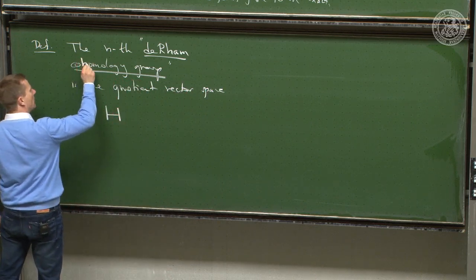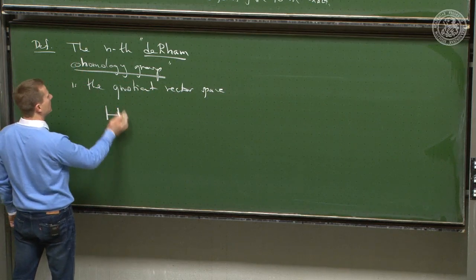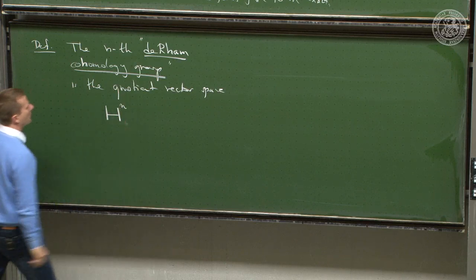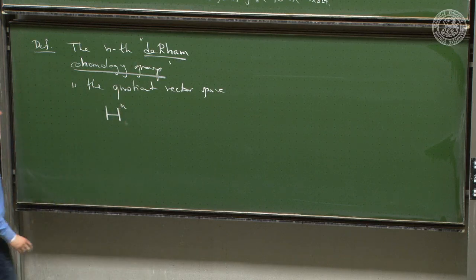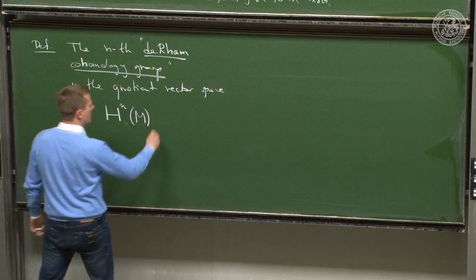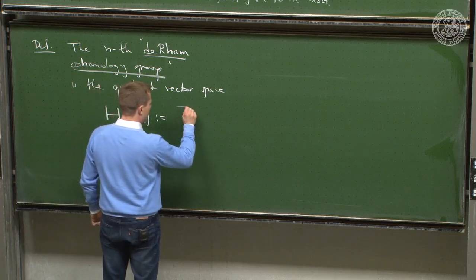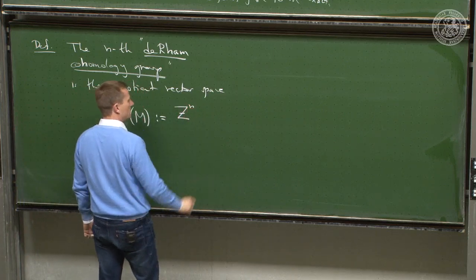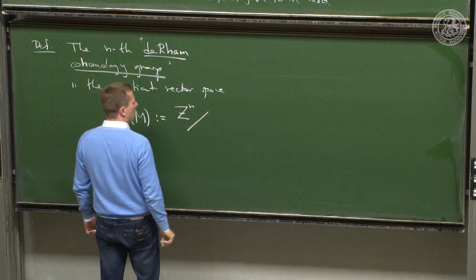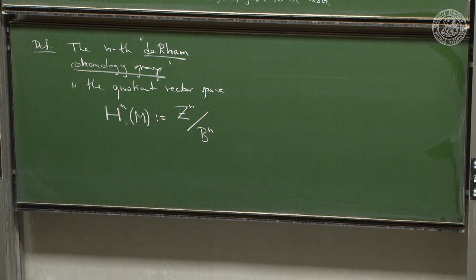So it's the H in the homology. If we were defining a homology group, we would put an index down here, but because we're defining a cohomology group, we put an index up there, Hn of the manifold, okay? And it's defined as the closed n-forms, Zn, quotient with the exact n-forms.